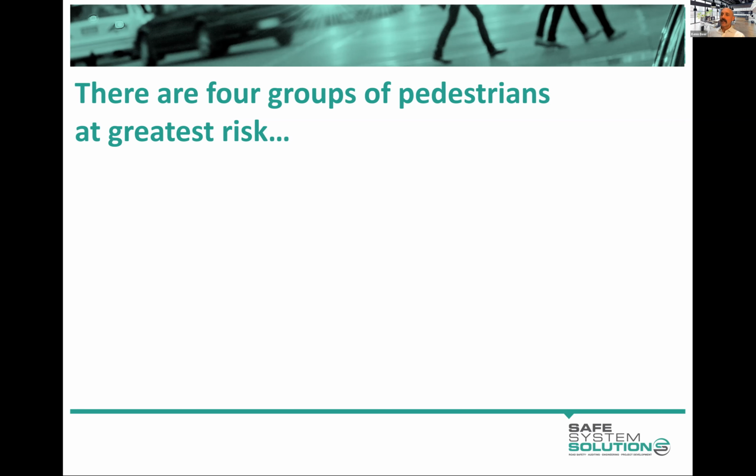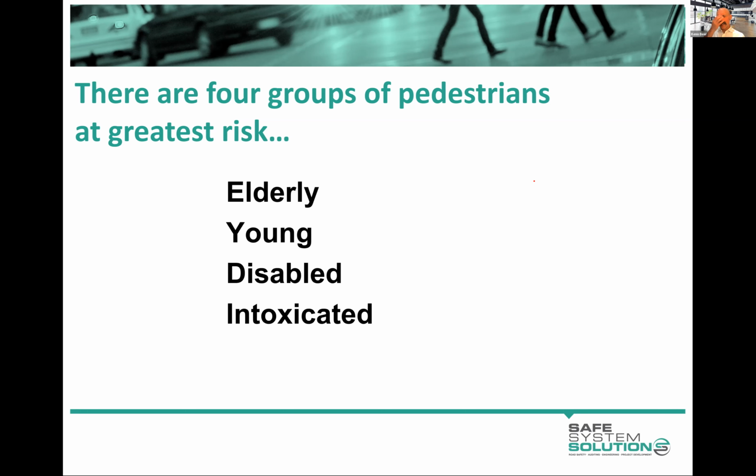Okay. So the one that we've been missing here, and I haven't seen it come up yet, is intoxicated travelers. It's an interesting one. There are different ways to look at risk, obviously, and when I say at greatest risk, what do I mean by that? Well, elderly represent a higher risk.